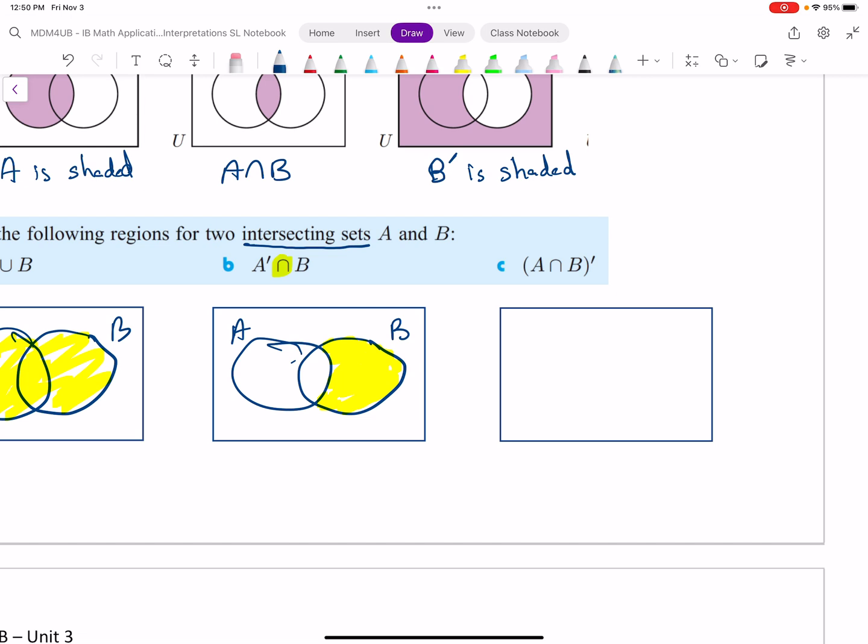And then the last one here, A intersect B, so let's draw it, prime. So if you imagine this, everything that is not the intersection between A and B, and that's because of this prime.